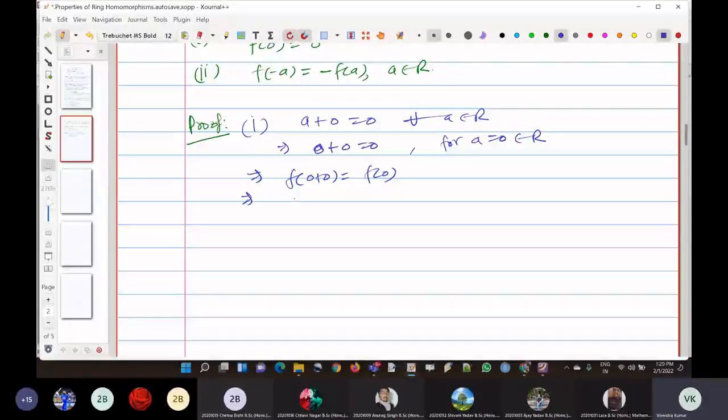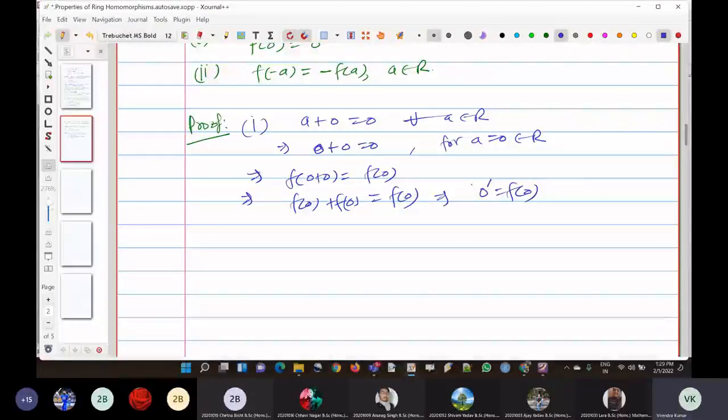Because f is a homomorphism, f0 plus f0 equals f0. So this implies that 0 equals f0, by cancellation law in the additive group. Here the 0 dash belongs to R dash.